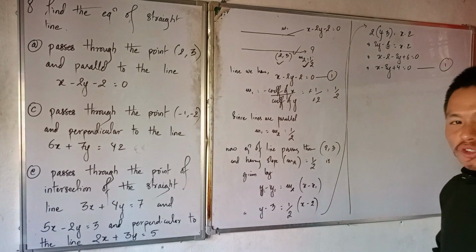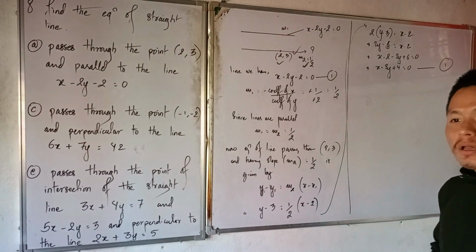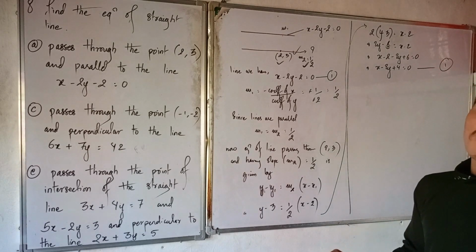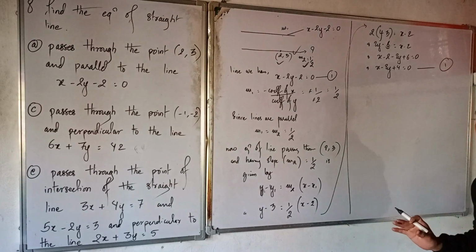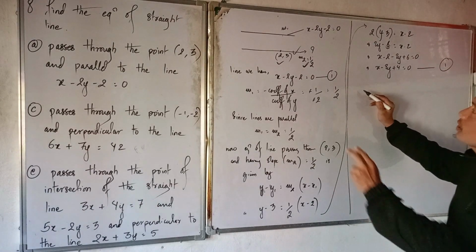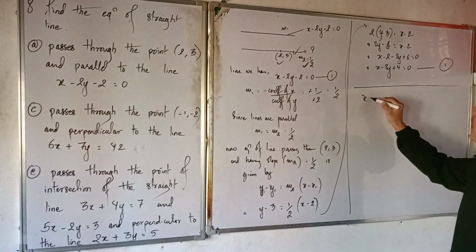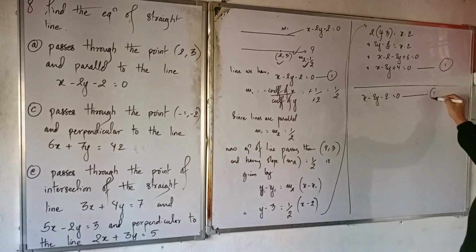You can continue with a similar method from question 7, or the easiest and most convenient way is this. Suppose this is the line we have: x minus 2y minus 2 equals 0.